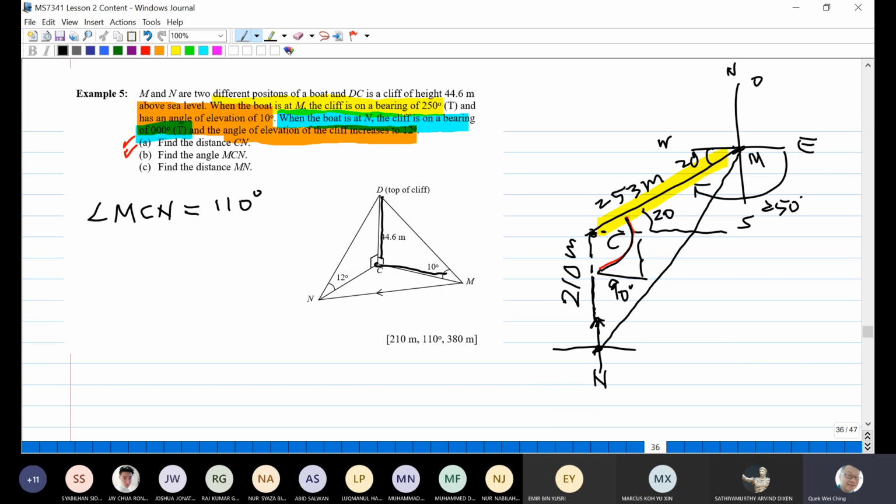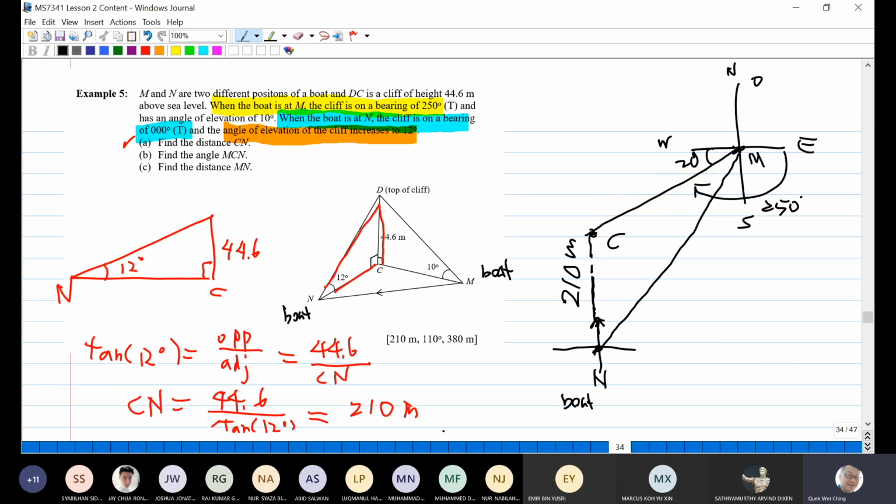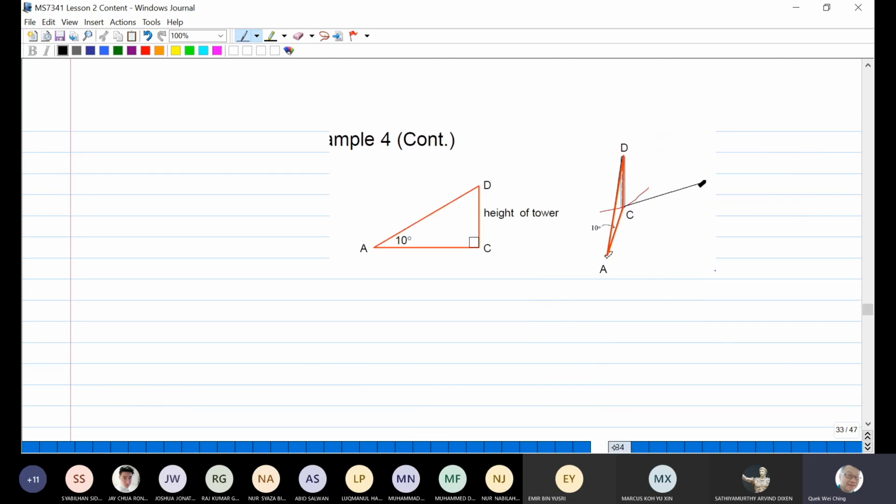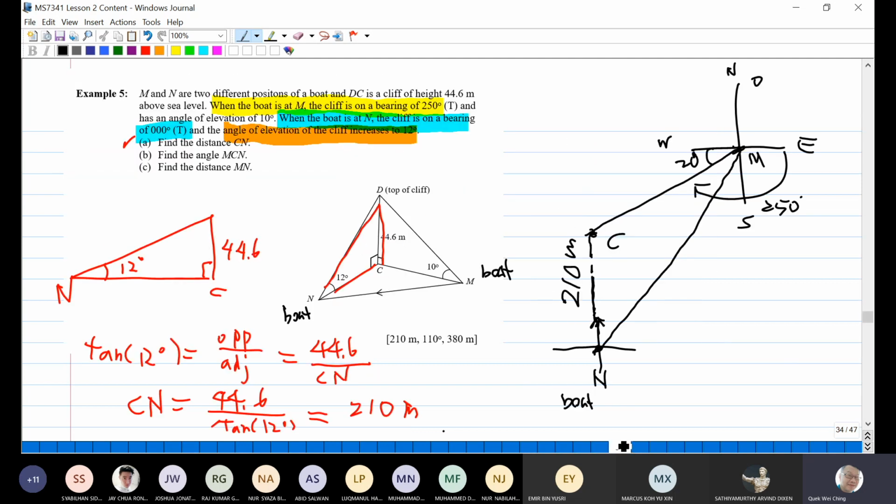Just now we found this angle is 20 degrees, right?